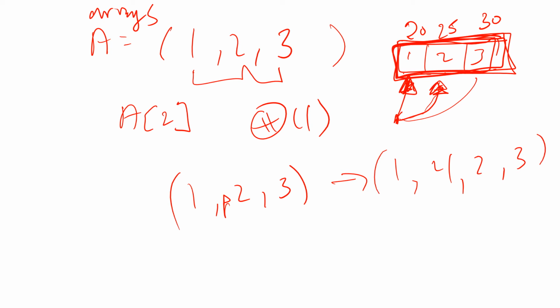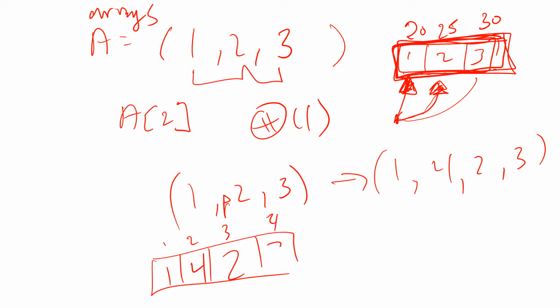Well, that's a very expensive operation, because what you basically have to do, the naive way to do this, is to allocate an array with 4 elements in it, and add the 4, and then add the other elements back in. So these were from the original array, and then this is the new added element, and you can see how expensive that is, right?